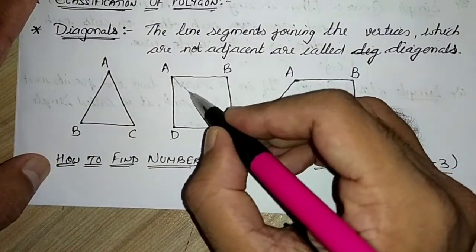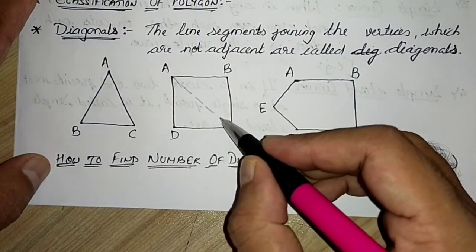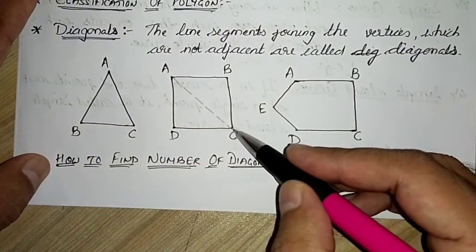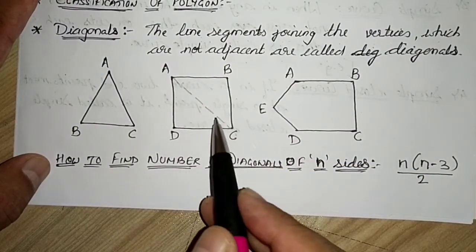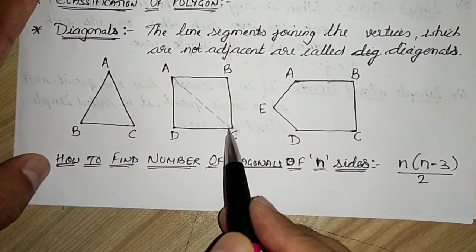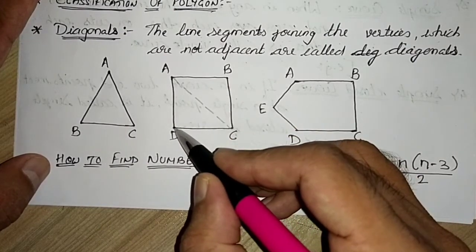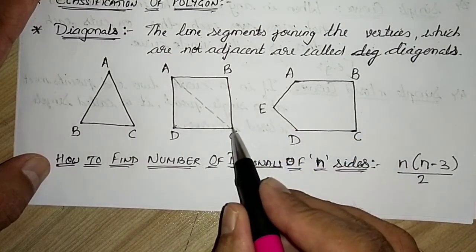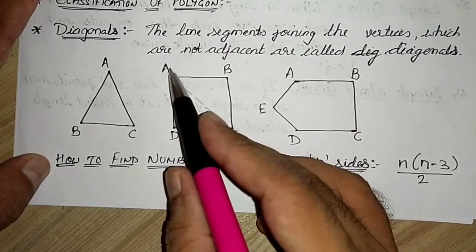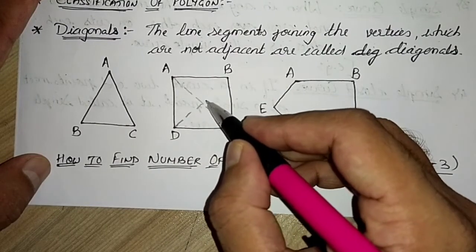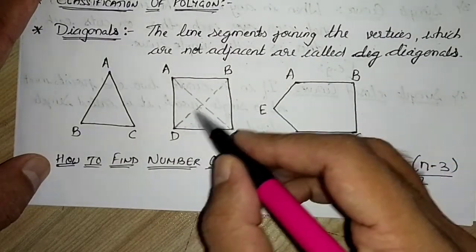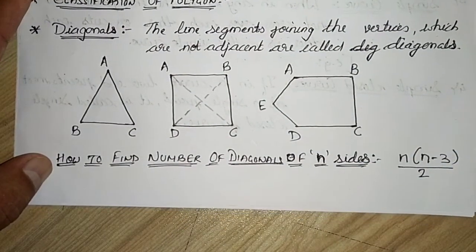The line segments joining the vertices which are not adjacent are called diagonals. For D, adjacent vertices are A and C. So B will be its diagonal. So line segment BD is called a diagonal.